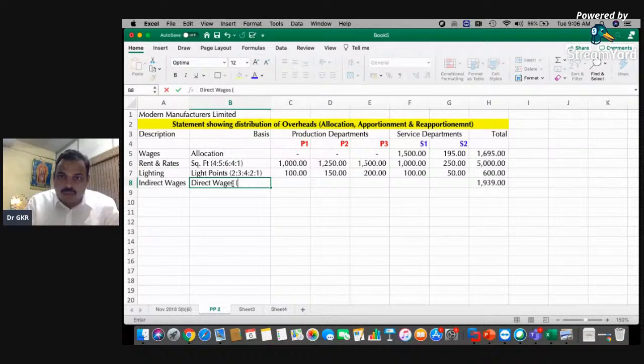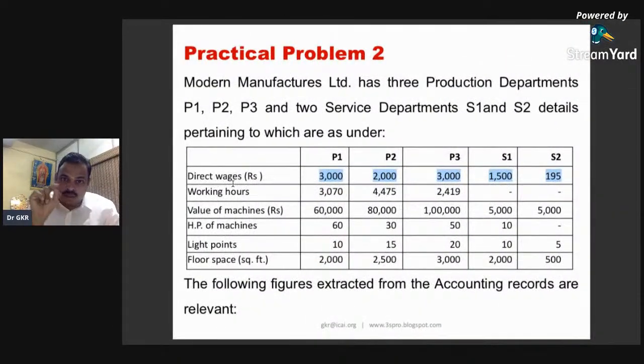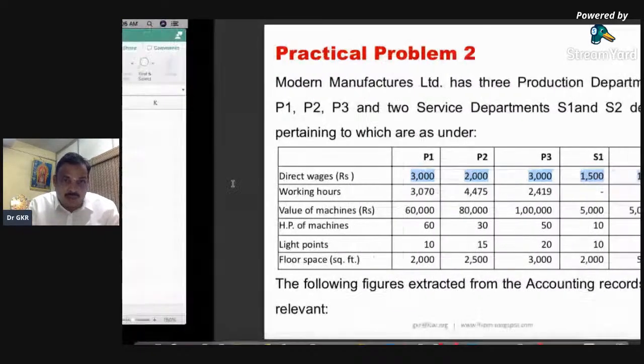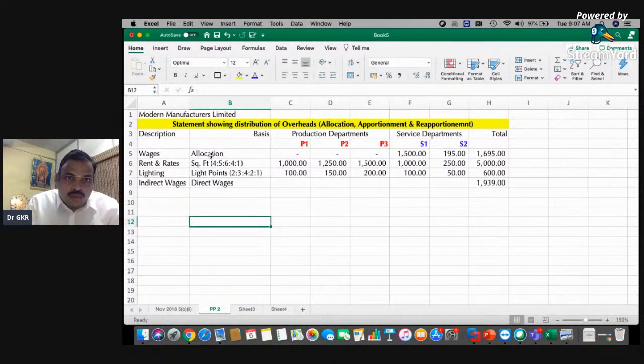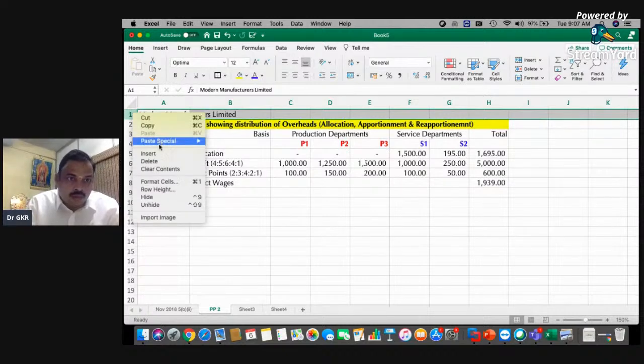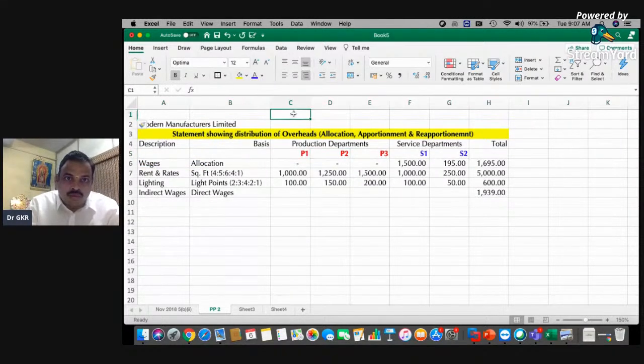Okay. So what is the ratio there? 3,000 is to 2,000 is to 3,000 is to 1,500 is to 195. So what is your total actually? So maybe if I put that basis on top of it, what is your direct wages?